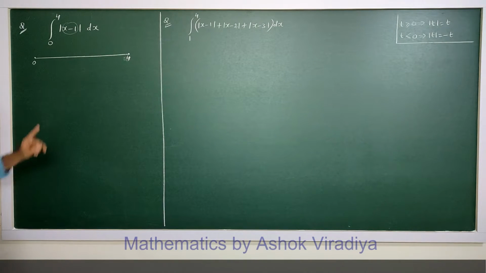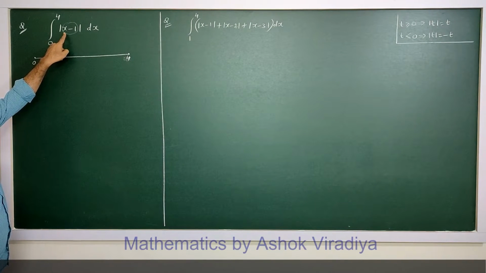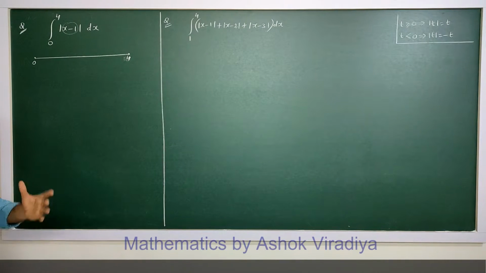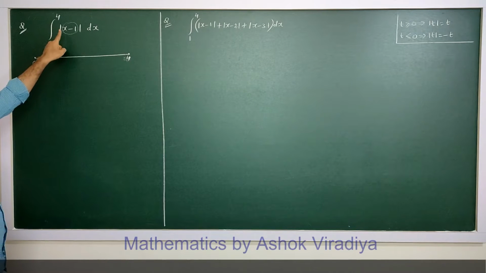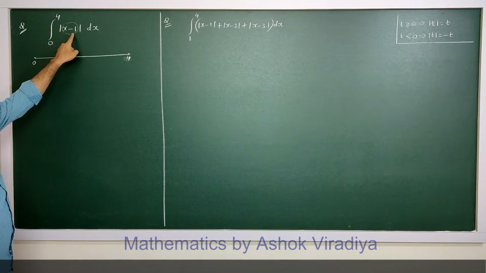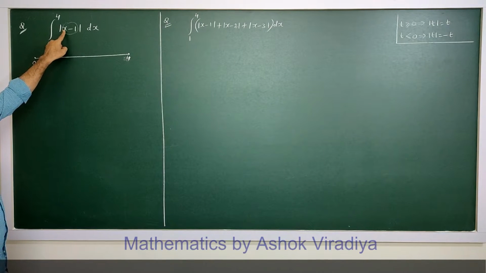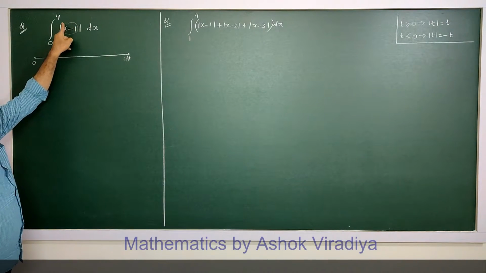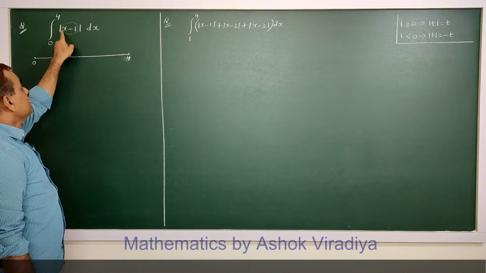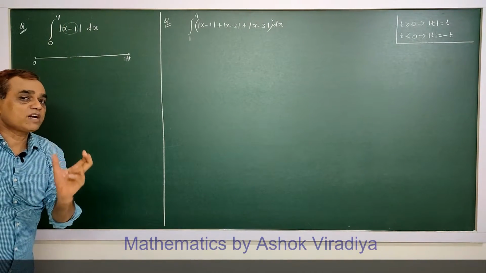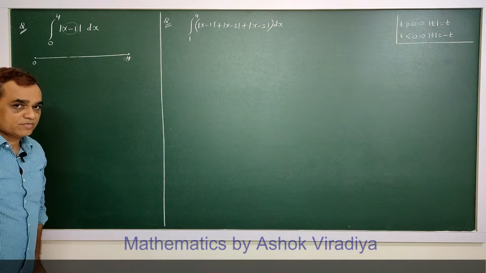Now inside the modulus, x minus 1 is given. So the method is to find the value of x for which this is 0. Whatever is the term in modulus, find the value for which it is 0.